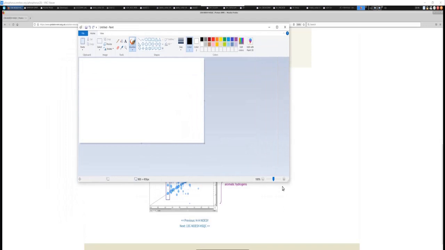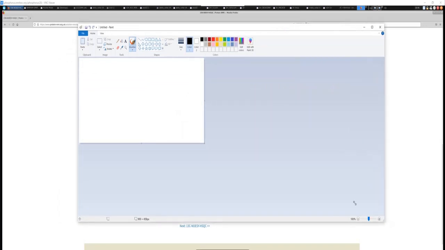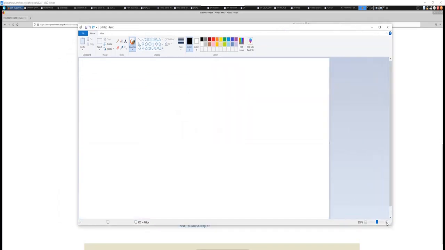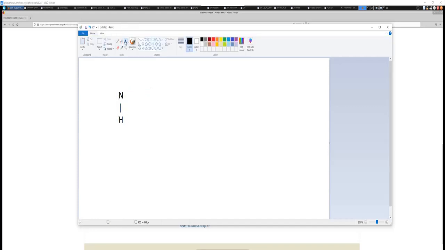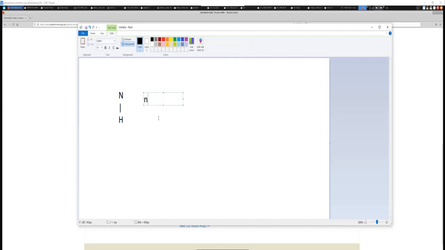So let's bring up Paint here. Let's zoom in on this. Let's say in this scenario, let's draw a proton amide here. And then let's draw another one right next to it, say a nearby neighbor.